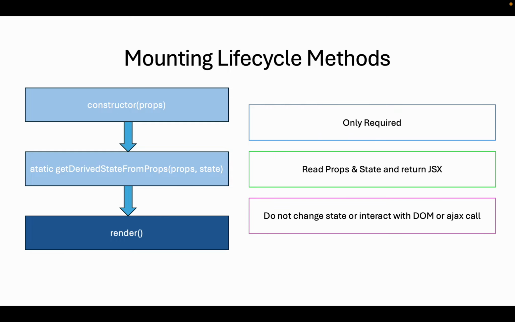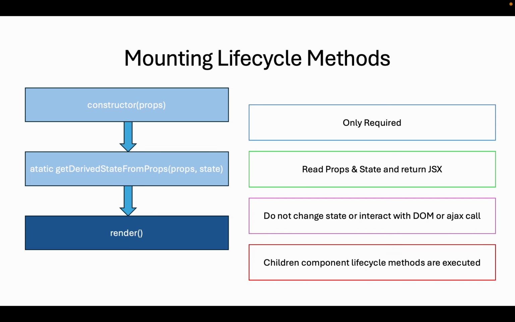What you should not do in this method is interact with any kind of DOM property. Secondly, you cannot change any state and you cannot do any AJAX call. As this is a pure method, it will just return the same JSX values that depend upon your state or props.